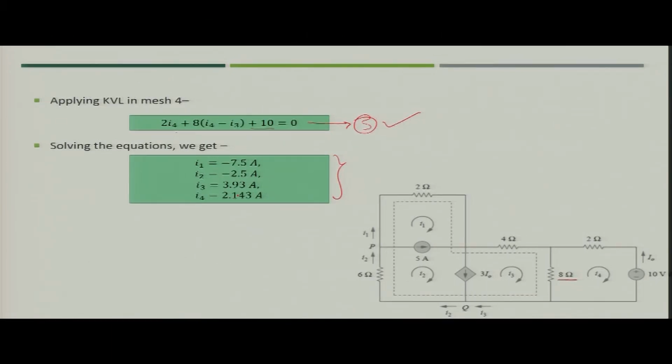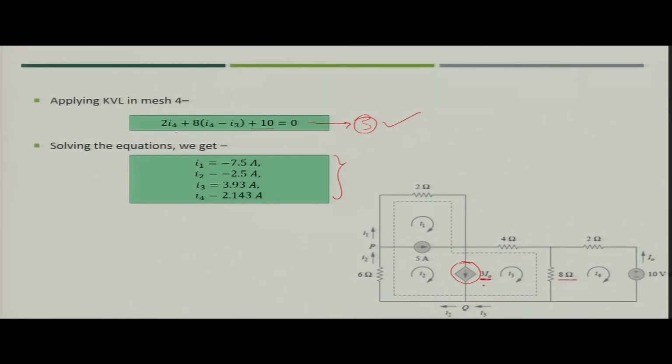So, if you follow the concept of the larger super mesh and the super mesh, it is very easy to solve these kinds of circuits, which look a little bit complicated when you see them for the first time. The important thing you have to remember is that since it is a dependent current source, you have to find out how its value would be calculated.